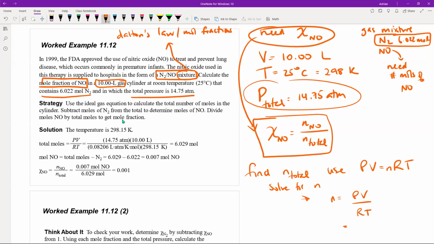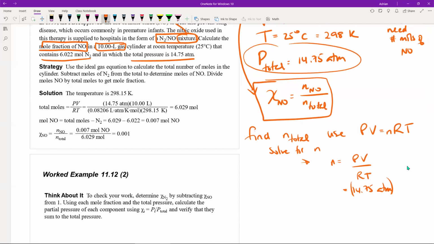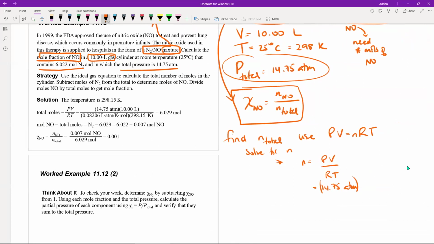Our total pressure there is 14.75 atmospheres. Remember that total pressure is due to the combined pressure of the NO and the N2. Our volume is 10.00 liters, our gas constant is 0.0821 liter atmosphere per mole Kelvin, and our temperature is 298 Kelvin.